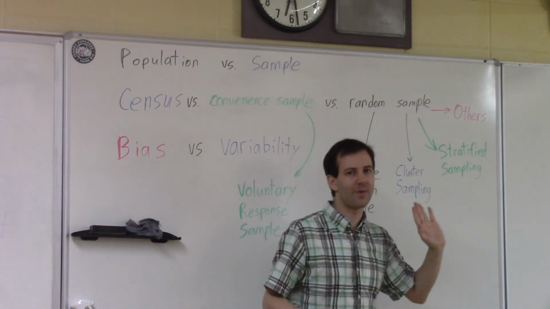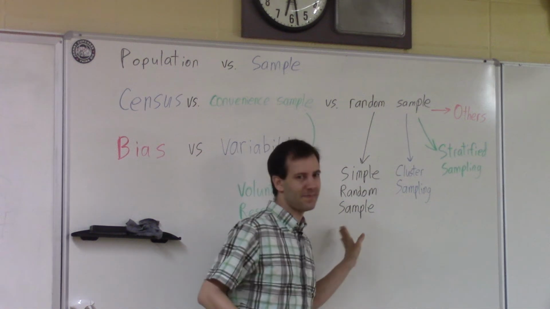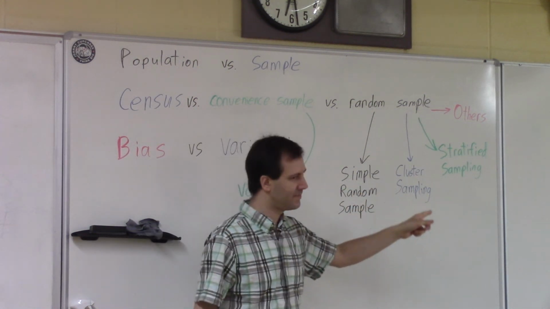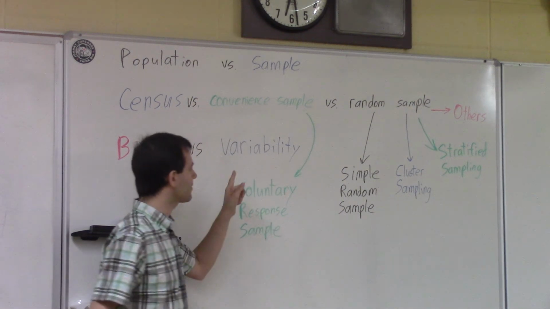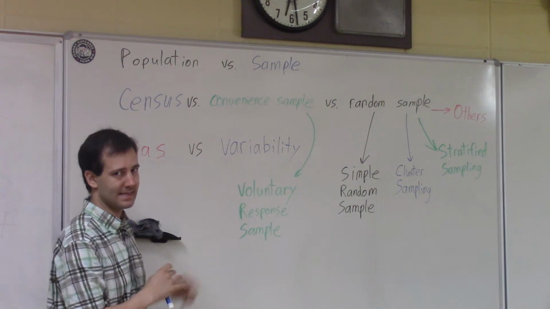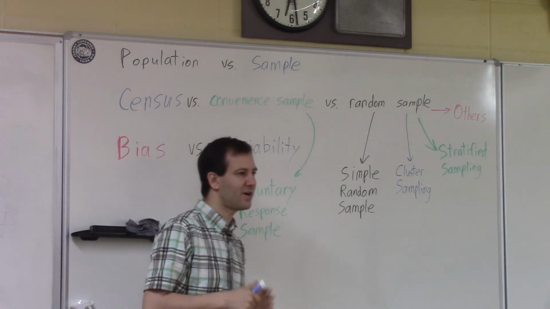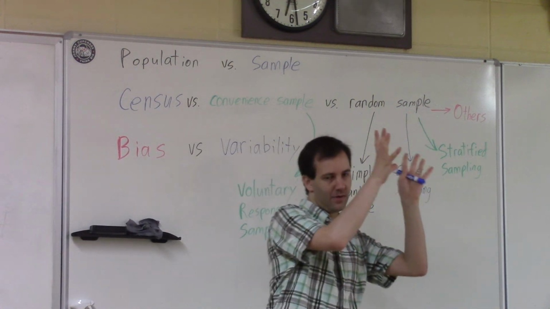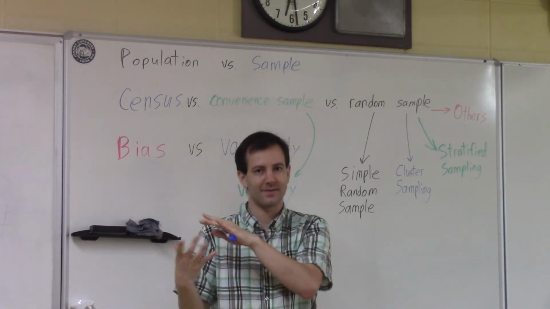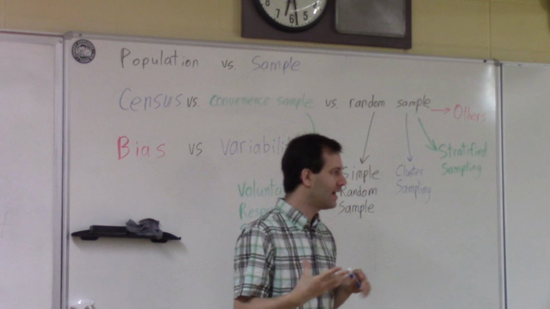It's less convenient, but why is it sometimes better than simple random sampling? We use stratified sampling because we want to decrease variability while not creating bias. By using a stratified sample, I make sure I get one house from each neighborhood. I make sure I don't end up with 10 really fancy houses all from the fancy side of town.